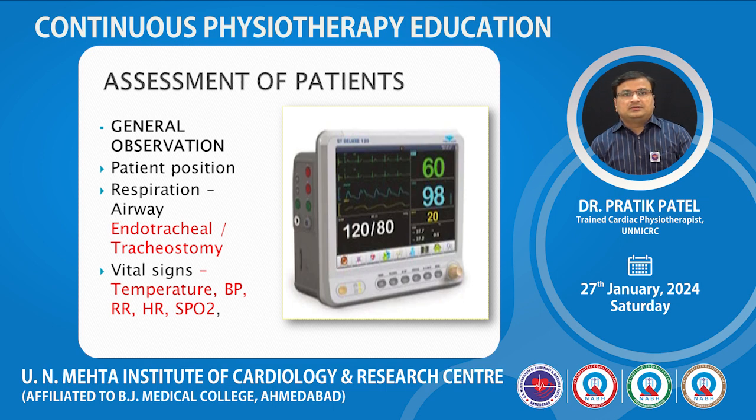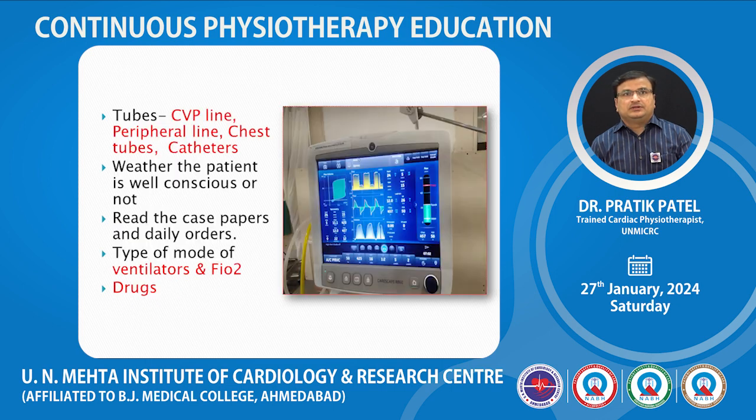Watch for vital signs, that is temperature, BP, RR, HR and SpO2 as shown in the monitor. We will see the tubes and lines the patient is having, like CVP line, peripheral line, chest tubes and catheters. Whether the patient is well conscious or not, read the case papers and daily orders, type of mode of ventilator and FiO2, that is fraction of inspired oxygen, which is shown in the picture, and drugs.